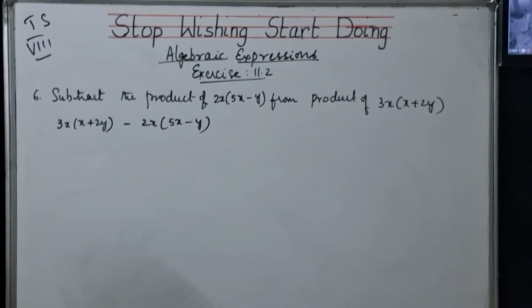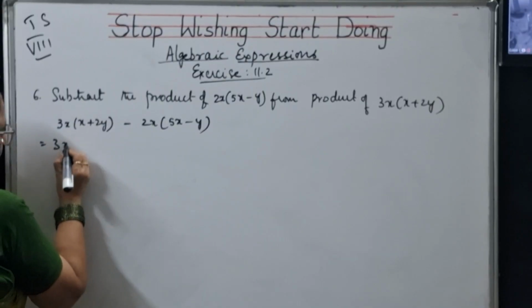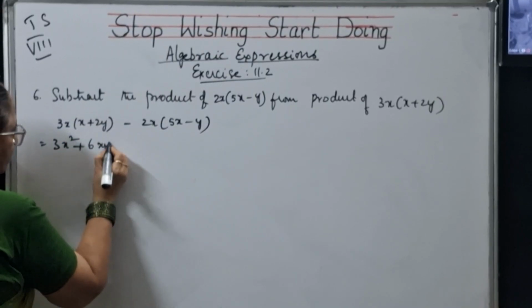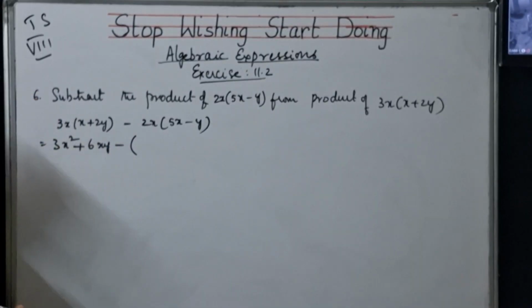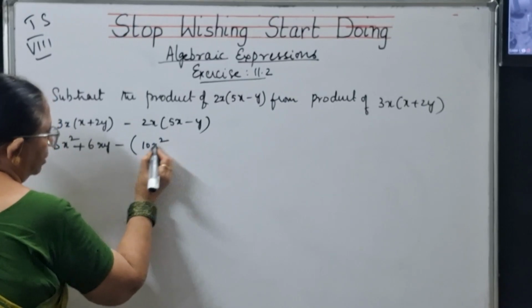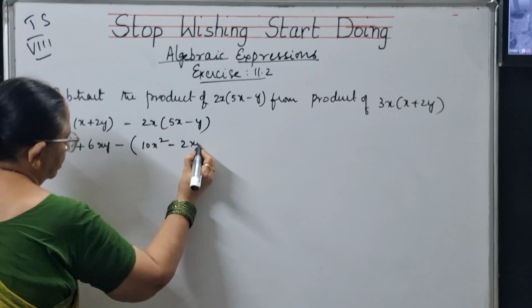So 3x into x plus 2y minus 2x into 5x minus y. So this is equal to 3x square plus 6xy minus, I should put it in bracket because subtraction, 2 into 5, 10x square minus 2xy.